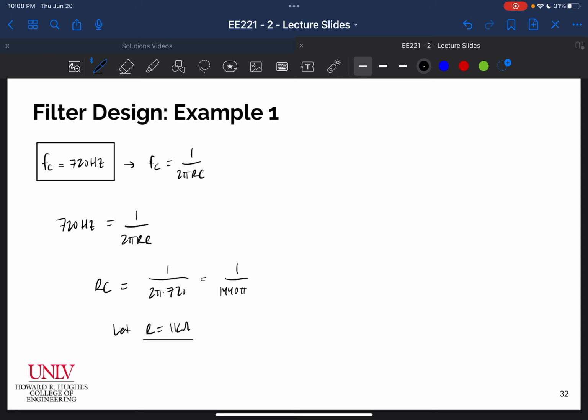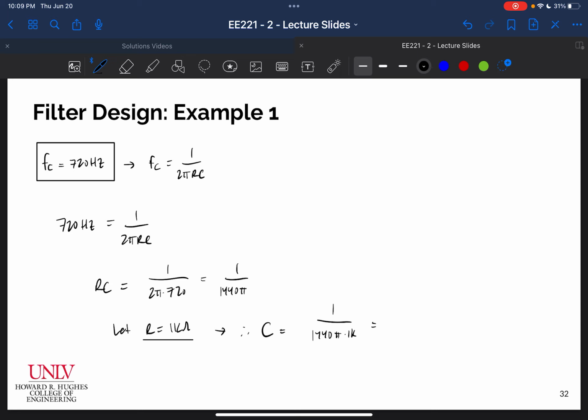That's basically what we're going to do in most design problems: we're going to be left to choose something. So let's just choose our R to be 1 kilo ohm. And that means that we can just divide by 1K. And we can say C is equal to 1 over 1440 pi times 1K. And let me throw that into my calculator. 1440 times pi times 1,000.